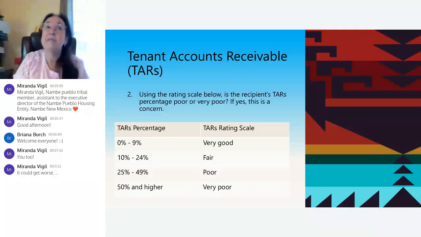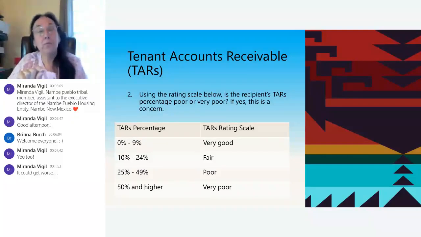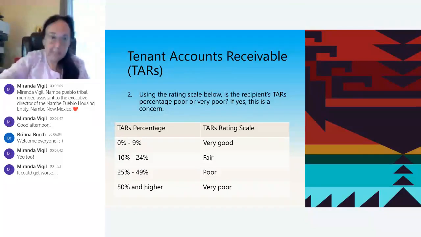And this happens. When I took over my housing authority, there was one project that had $10,000 balances. And it was really important because HUD cut off our money, cut off the subsidy, did everything. When I came in, that's what it was like.